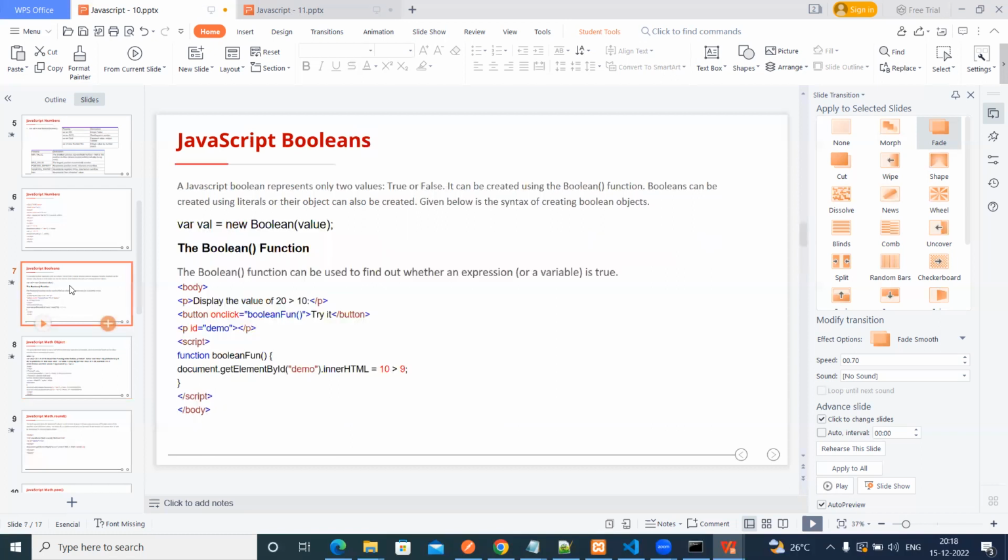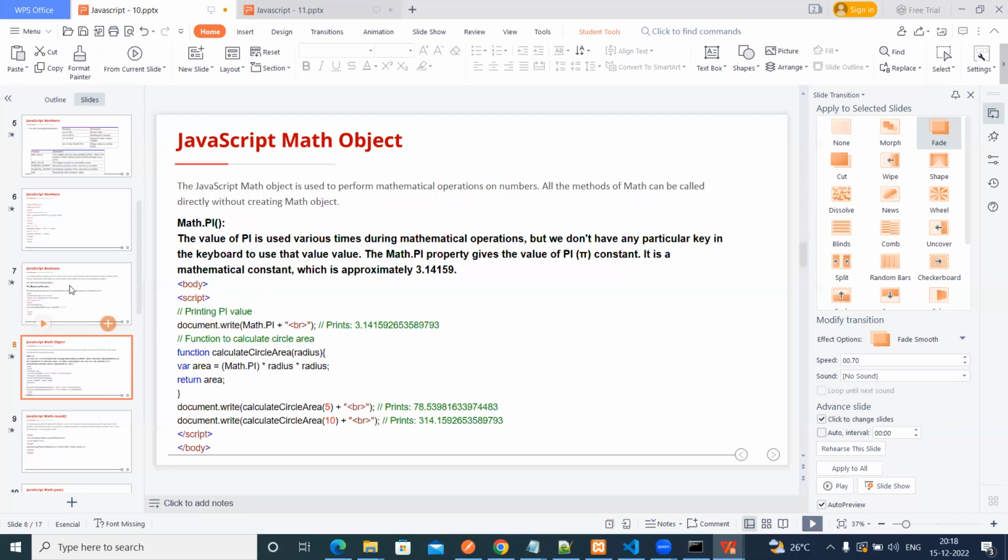the next one is math functions, based on the number and boolean data types. We have a few default methods in JavaScript for numbers and strings. The first one is the JavaScript Math object. The JavaScript Math object is used to perform mathematical operations on numbers.